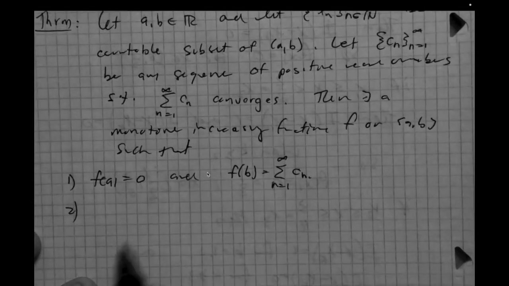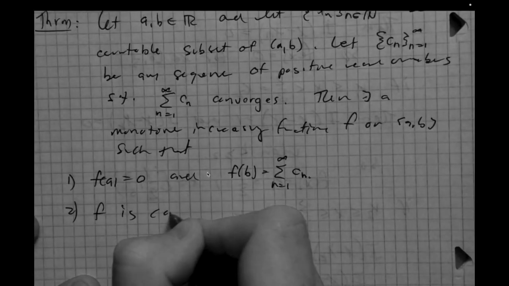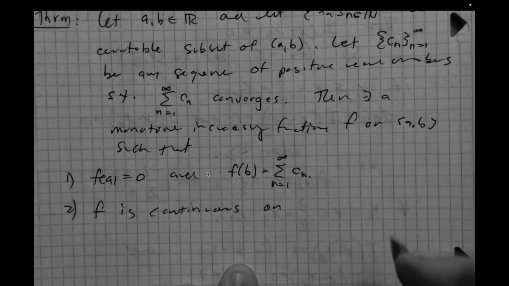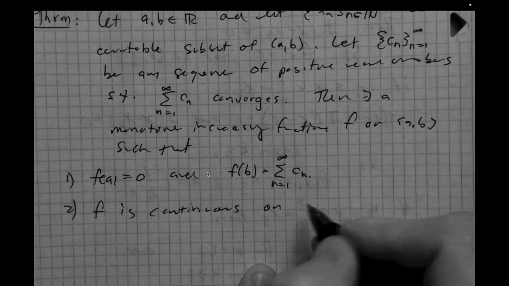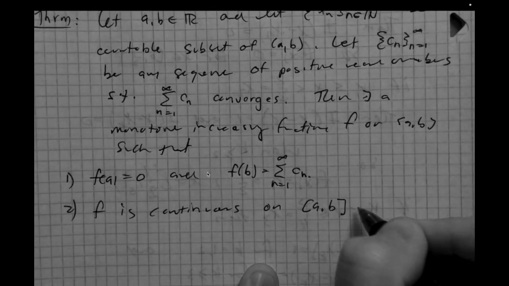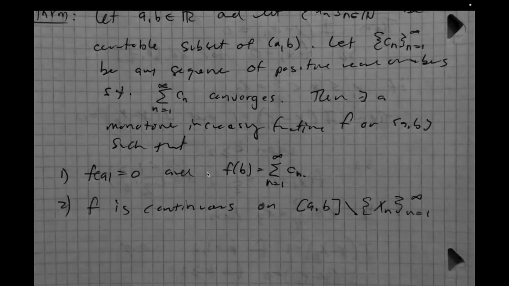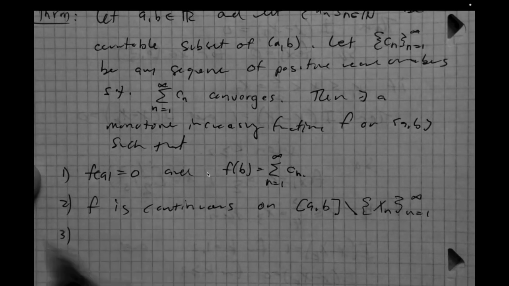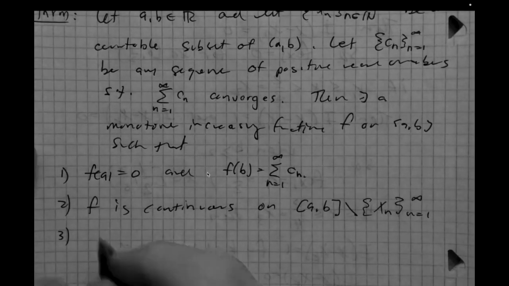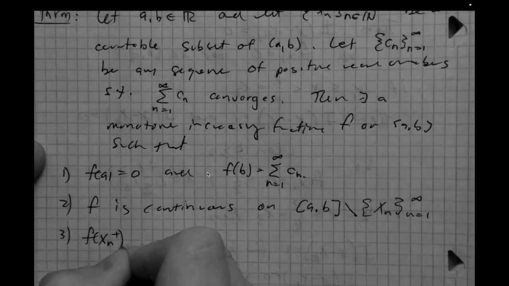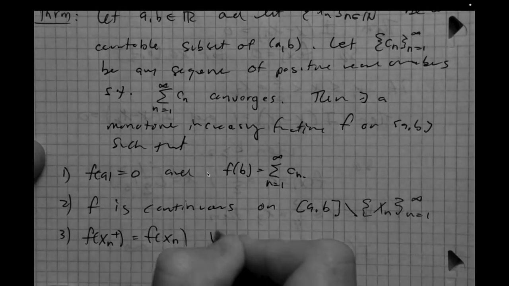Second property is that f is continuous everywhere outside of the jumps. So it's continuous on [a, b] minus the values xn, n equals 1 to infinity. So it's going to have infinite discontinuities, but everywhere else it'll be continuous. The third property is that f of x sub n plus equals f of xn for all n, right?